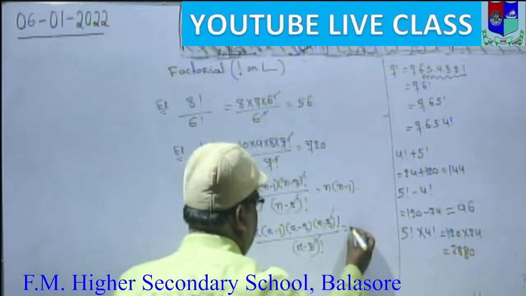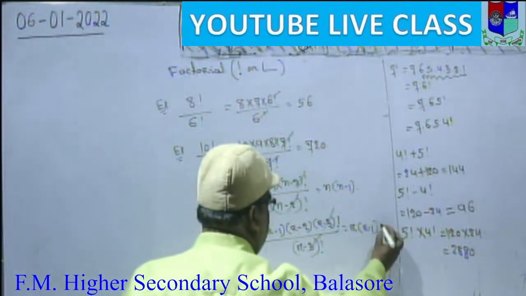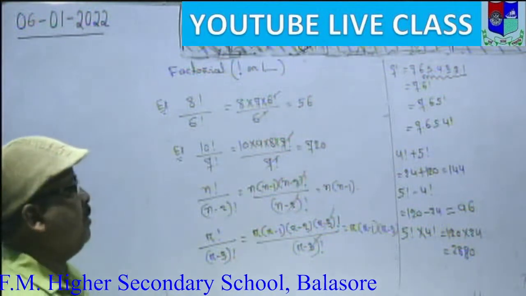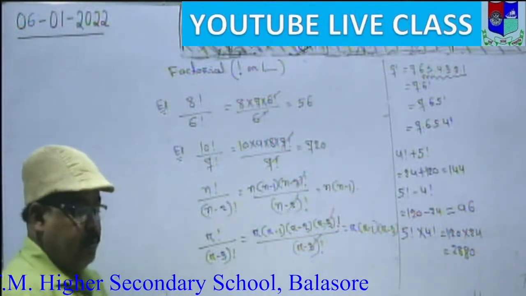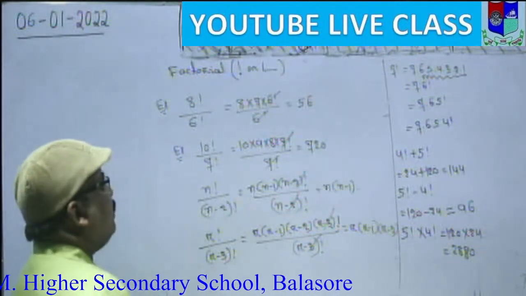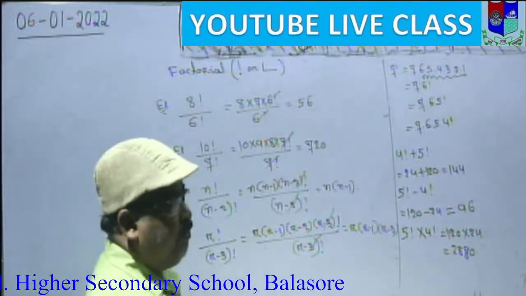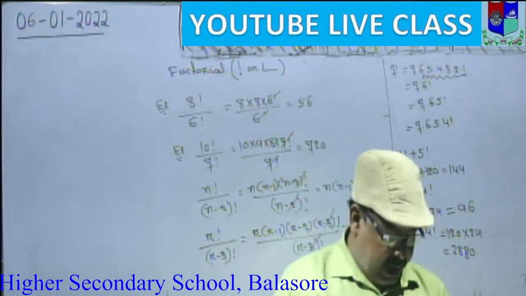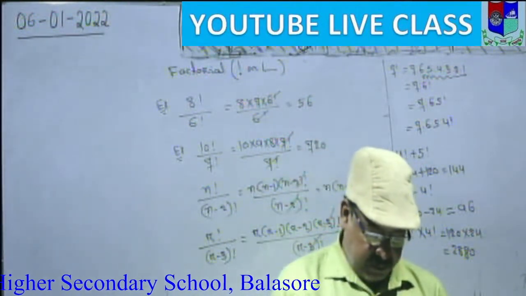The answer will be r into r minus 1 into r minus 2, like this. So this is the reduction of factorial and the algebra of factorial. Means we add, we subtract, we multiply, and we divide.